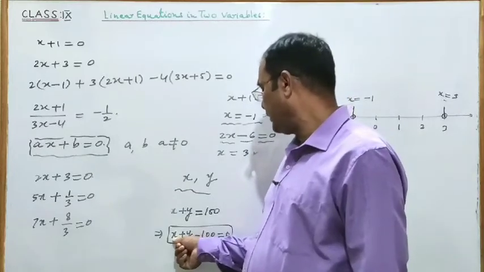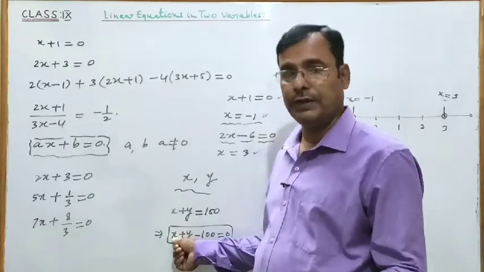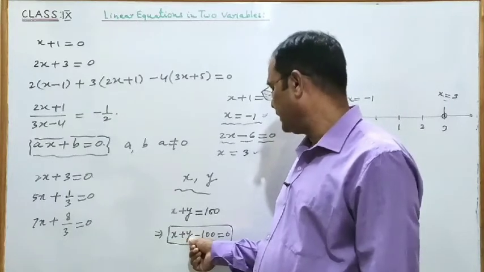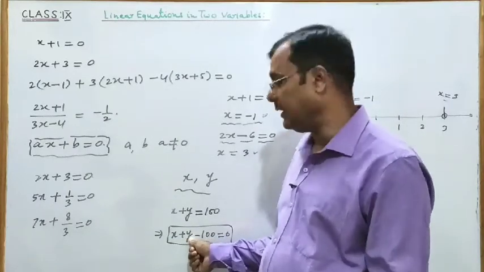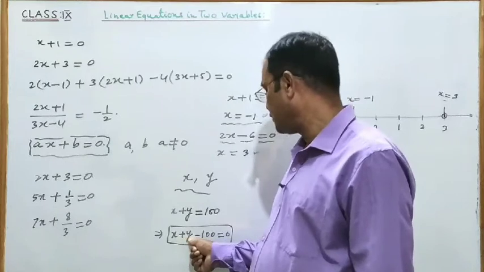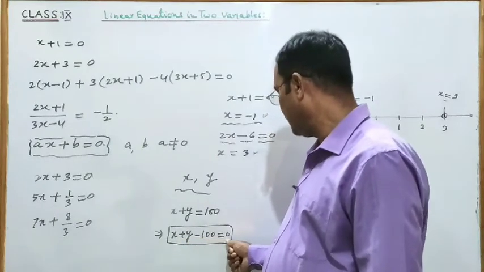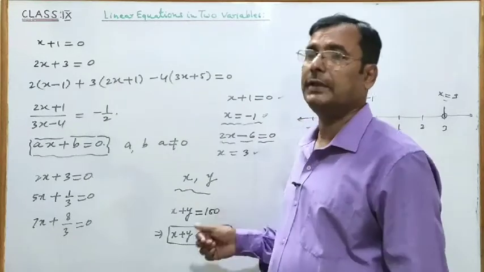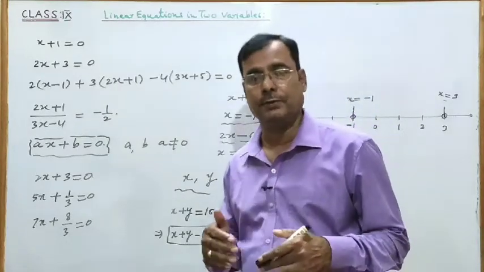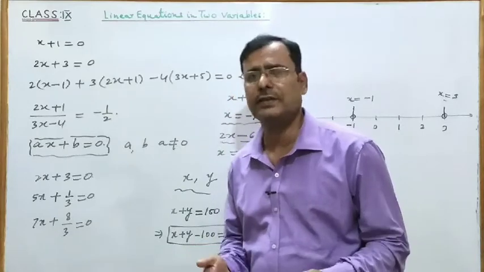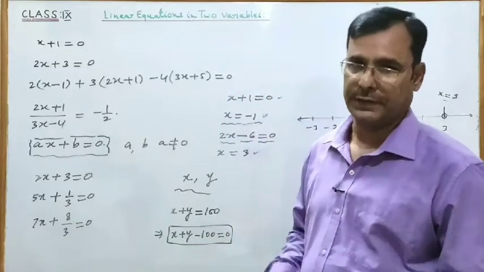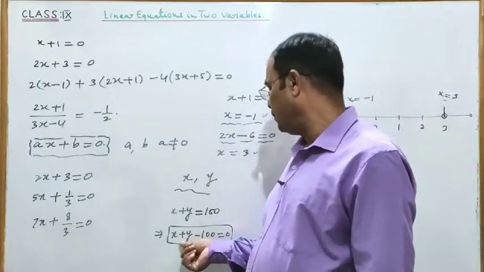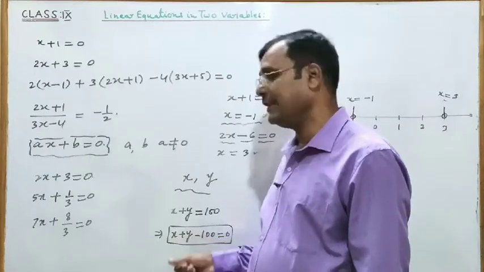So the equation x + y - 100 = 0, or even x + y = 100, represents the situation involving two unknown variables x and y.